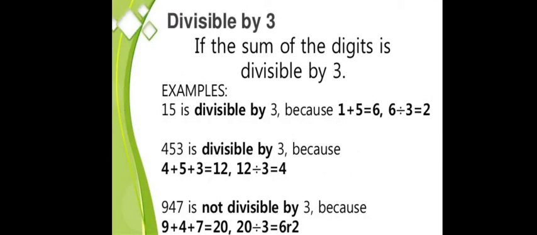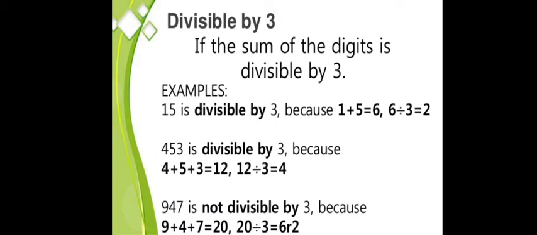Next, divisibility rule of 3. If the sum of the digits is divisible by 3, then the number is divisible by 3. See the first example, number 15. If you are adding the digits, that is 1 plus 5, we get 6. So 6 is divisible by 3.